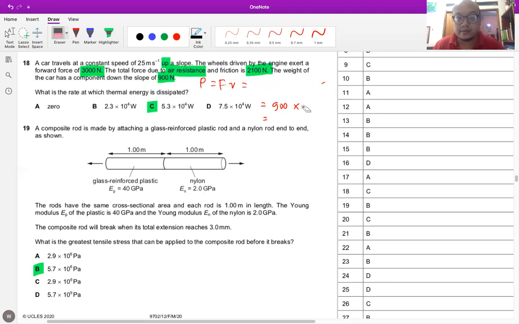The first, they have three forces. The first one is the up force 3,000, so 3,000 minus air resistance 2,100. Also, because the component down, this is plus, times 25.